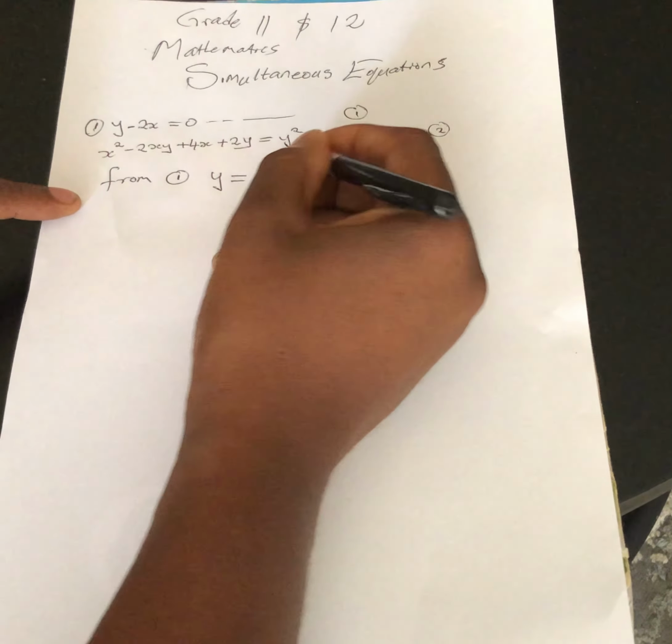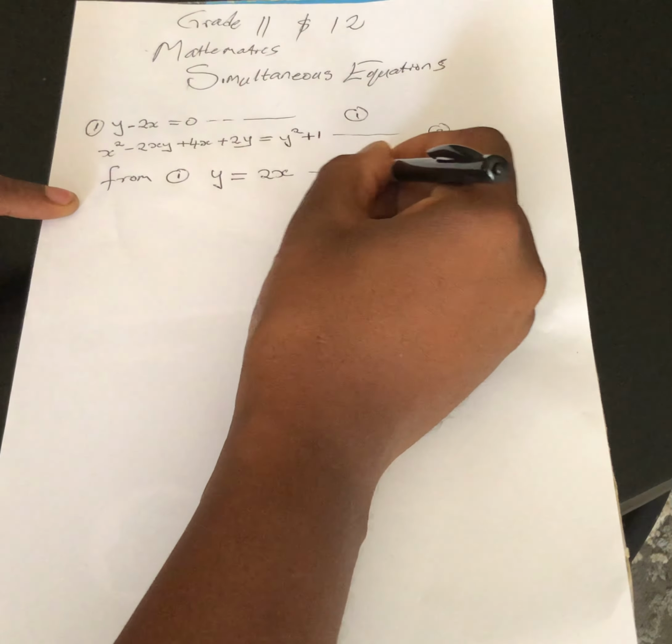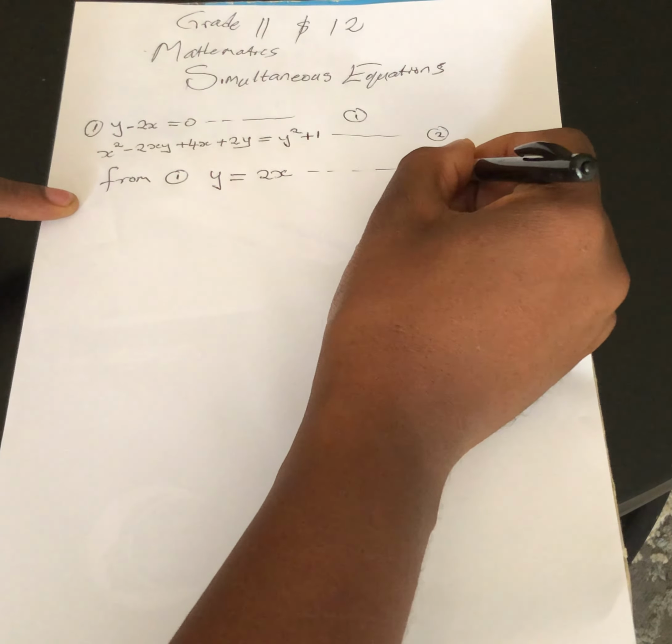2x. You just transpose 2x to the other side to join the 0. Then it became positive 2x plus 0. There's no need for you to write plus 0 because it doesn't affect anything. Then this equation, you name it equation number 3.